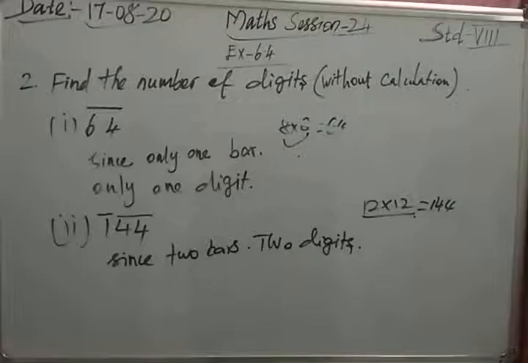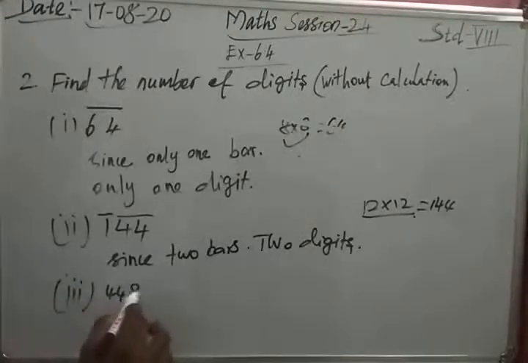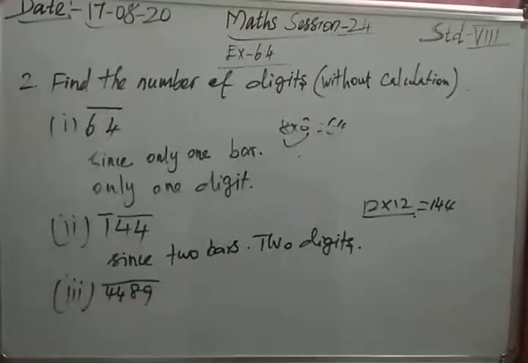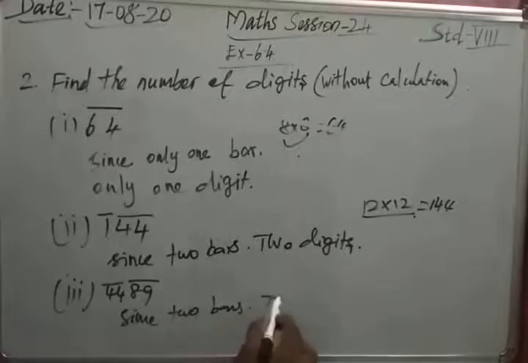Like that, the balance sums are also the same. The third one is 4489. We have already solved this in the previous one. We got 2 bars, so 2 digits.